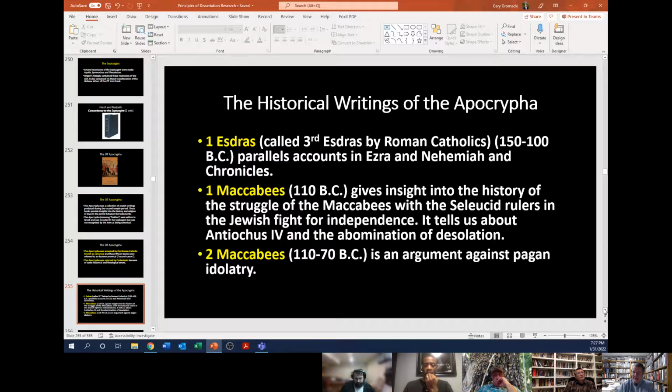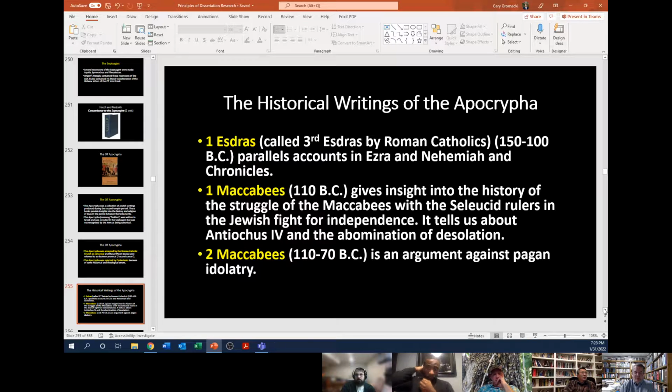Now, First Maccabees, Second Maccabees, definitely, if you want to understand the New Testament, you have to understand intertestamental history. You need to read First Maccabees. If you've never read it, you should read it. Okay, it gives us insight into the history of the struggle of the Maccabees with the Seleucid rulers.